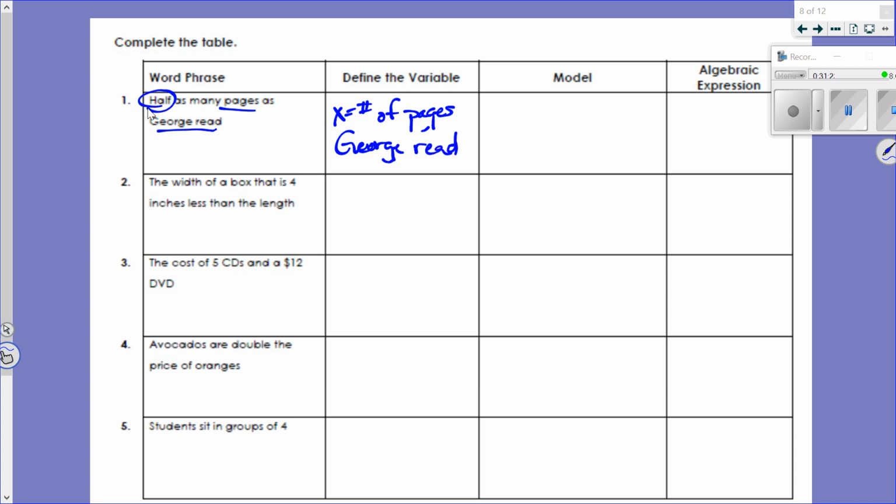What does my model look like? Half as many as he read. So I have my X and half. 2 boxes. My algebraic expression, X over 2 or X divided by 2. Technically, I could also rewrite this as 1/2 X. So any of those 3 would be acceptable.